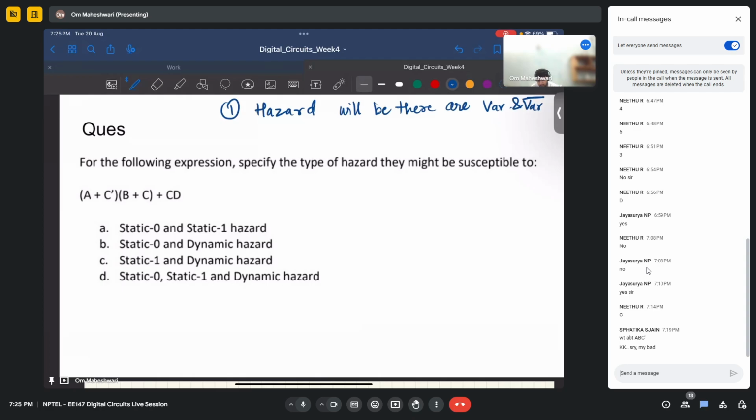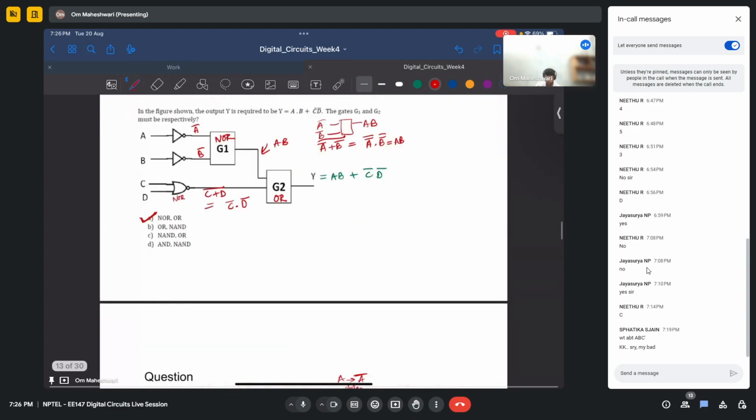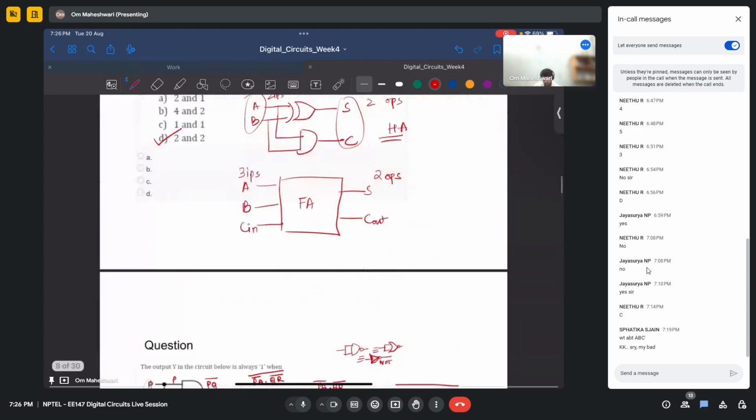Now, if you remember, we have three kinds of hazards: static 0, static 1, and dynamic. Now, if we just go back once to what we learned here.